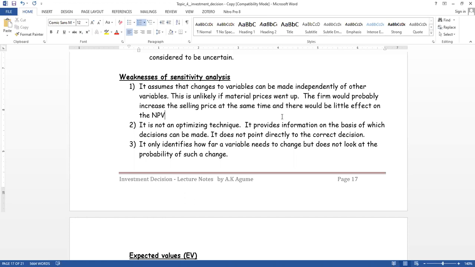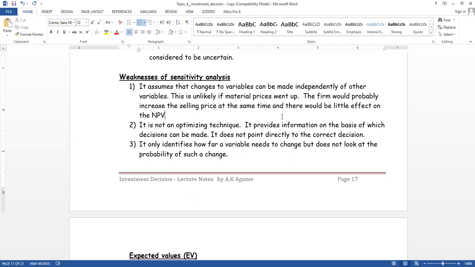Because you find that if there is any increase in costs, then also the manufacturer will increase the prices. So that's why you're saying that it assumes that changes in variables can be made independent of the other variables, which is not the case. Then it is not an optimizing technique in that it provides information on the basis of which decisions are made, but of course it does not point directly to the correct decision.